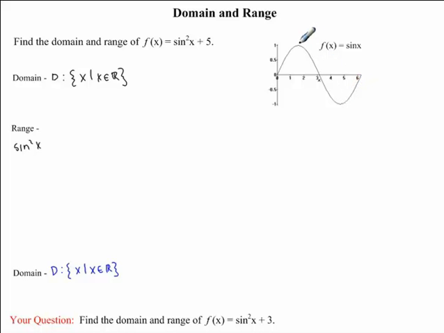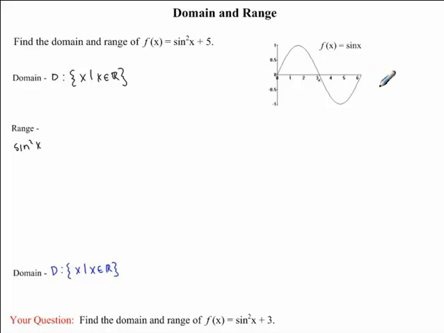So we're just going to look at these key points, the maximum and minimum values. You'll notice that for the graph of sine x, we have a maximum value of positive 1. Multiplying this by itself, so 1 times 1, will also give us positive 1 in our y equals sine squared x graph. So our sine squared x graph will also have a maximum value of 1.